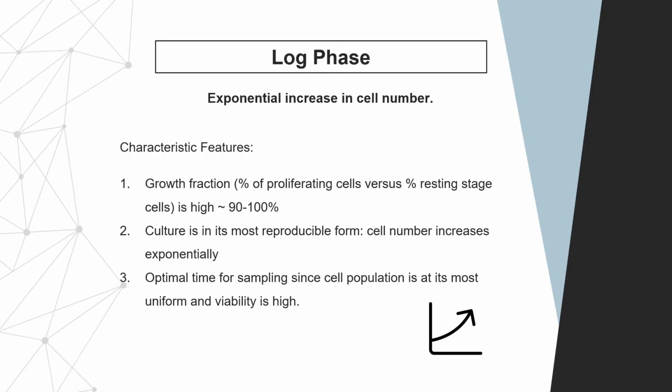And thirdly, this is the optimal time for sampling, since the cell population is at its most uniform and the viability of the cells is really high. If you want to do sampling to know the number of cells in your flask at a certain time period, the log phase is the ideal time to do your sampling and cell counting.